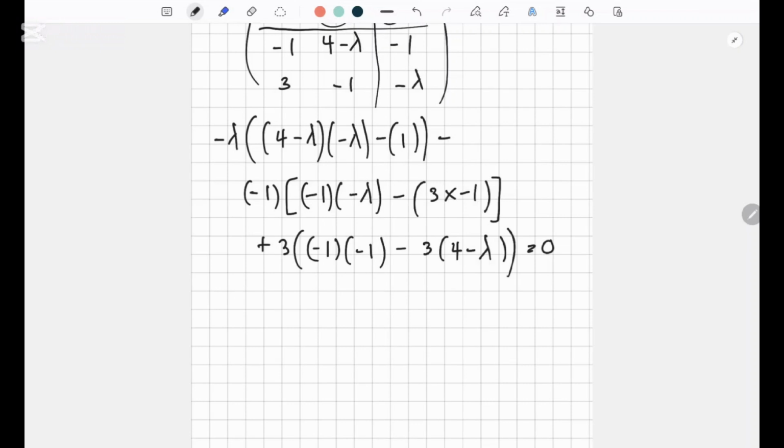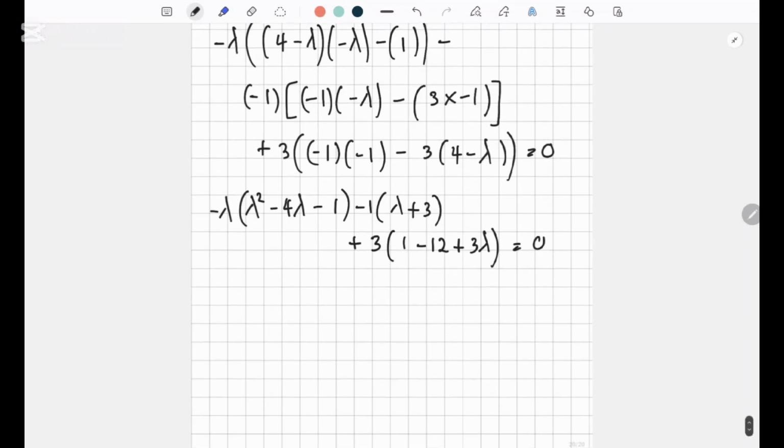Okay, so we got 4 minus lambda. Let's just expand it. So we have lambda squared minus 4 lambda minus 1. This into minus lambda, and minus 1 into lambda plus 3, plus 3 into 1, minus 12 plus 3 lambda equals 0.